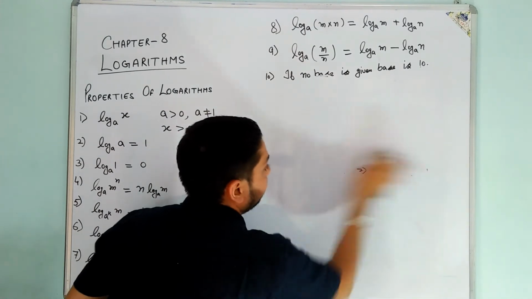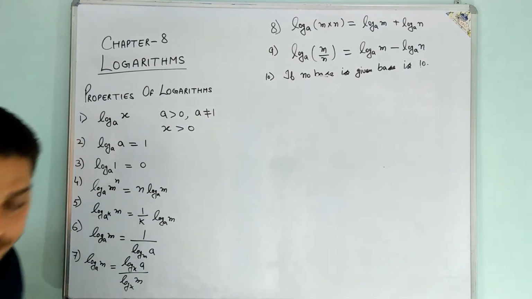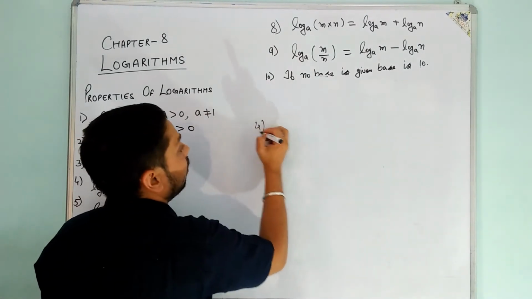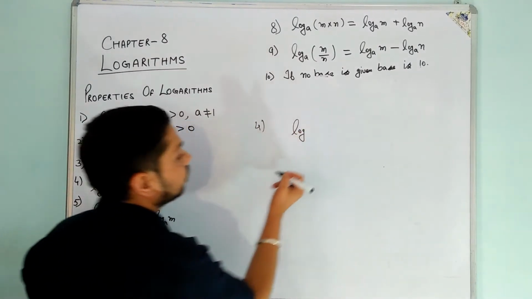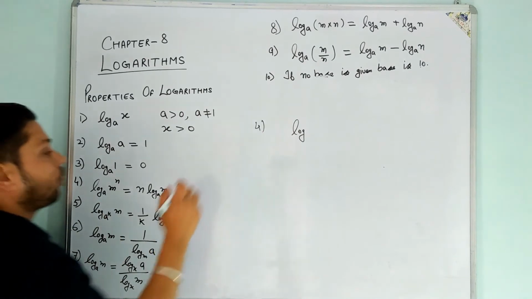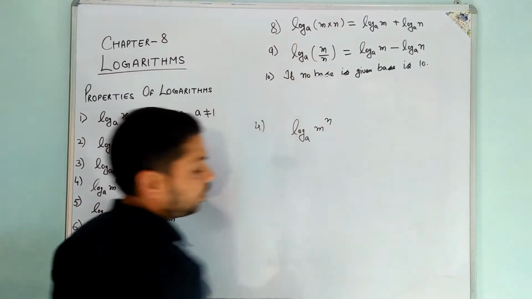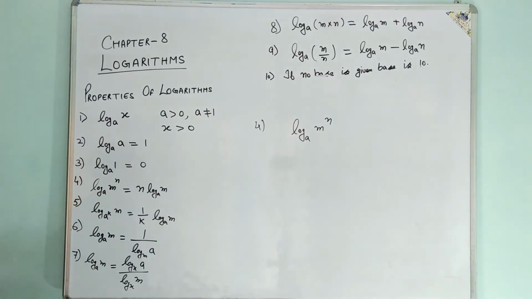Next we have the fourth property, that is log of m raised to power n with base a.